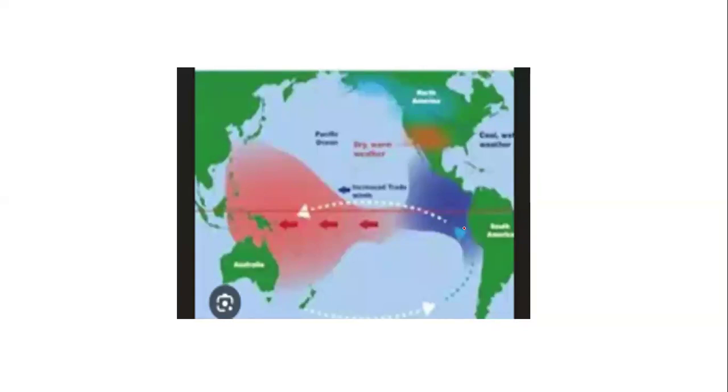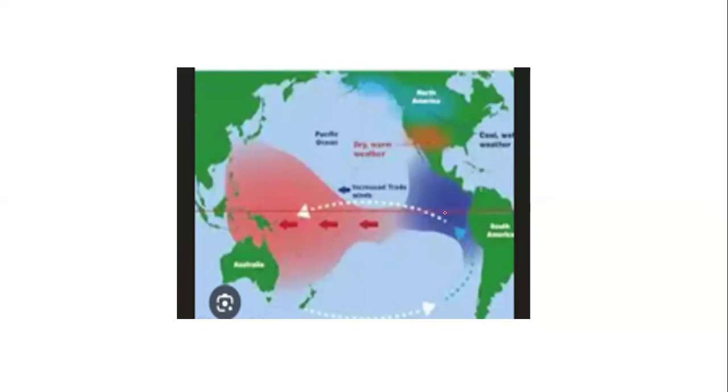The surface water is cooler than the normal level. Just to tell you, the blue color represents cool water, the red color represents warm water. Blue arrows indicate cold current, red arrows indicate warm currents.